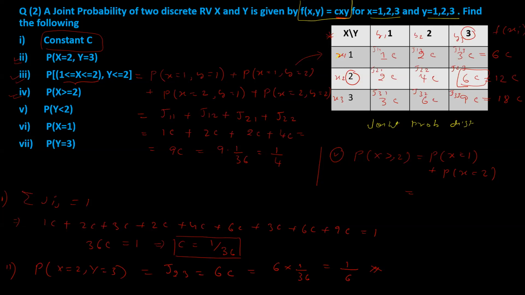Okay, so probability of x equal to 1 means I'm talking about f of x1 plus f of x2. So f of x1 is 6c plus x2 is 12c. 6, 4, 10 plus 12. All right, so then what is the value of this?